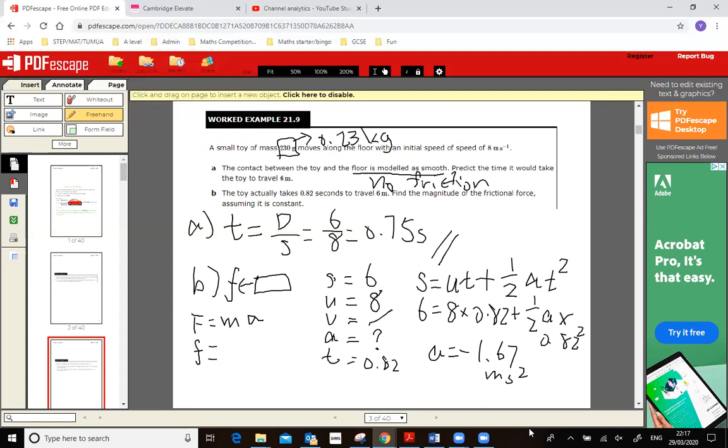So now let's substitute in. We have 0.23 times the acceleration, which is negative 1.67, and our frictional force f comes out to be negative 0.383.